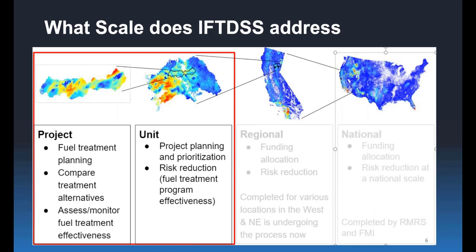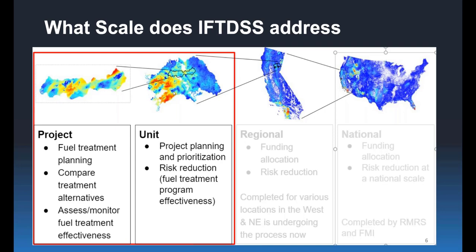So what scale does IFTDSS address? If you move from right to left, we've grayed out the national and the regional, which are more funding allocation and looking at risk at those broader scales. IFTDSS is more applicable at what we call the unit and the project scale.